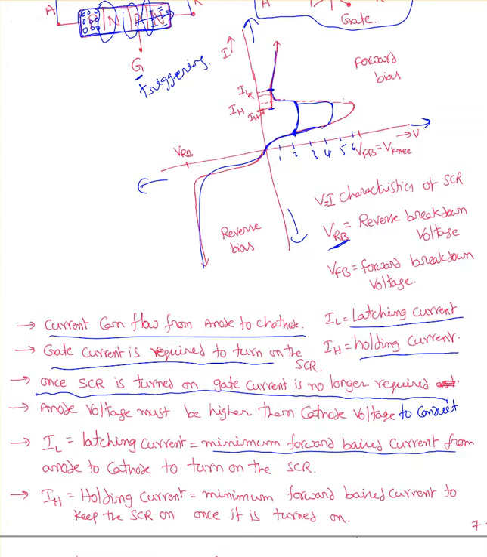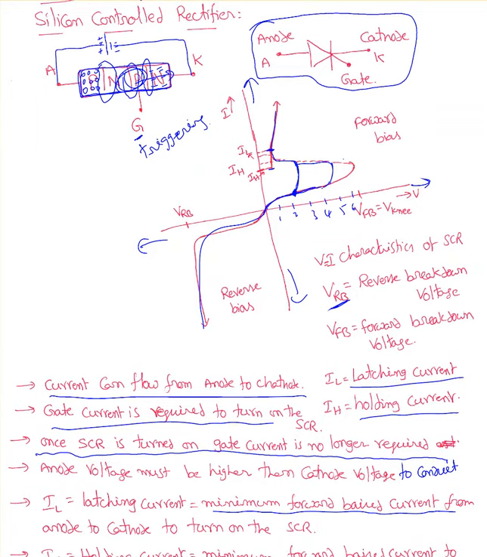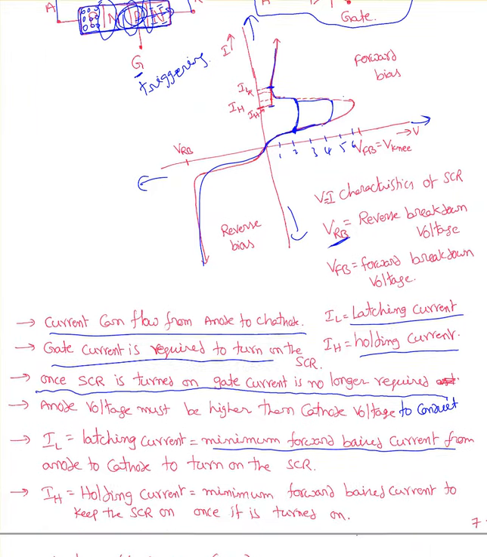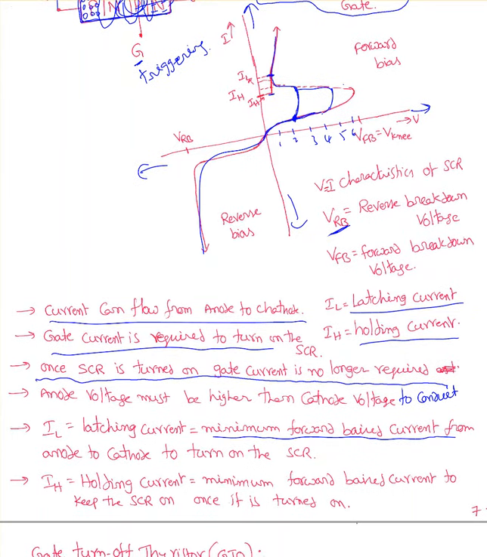Say instead of 10 microseconds I gave that signal for only 0.5 microseconds. In that case it's not going to turn on, because that is not sufficient to close this junction. But if I give it 10 microseconds, then it will start conducting.